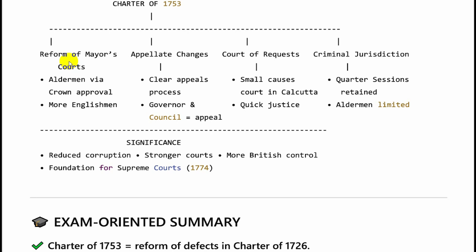The aldermen were limited in the sense that only the Crown approved people would be appointed as aldermen, and also they would have to have certain legal education. Basically, 1753 charter was introduced to reduce corruption, making the courts stronger, having more British control, and this led to the foundation for the establishment of Supreme Court in 1774.